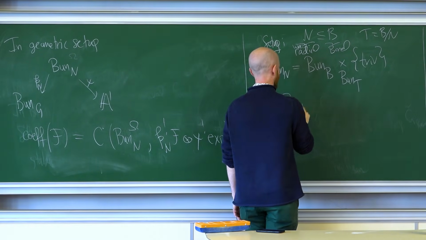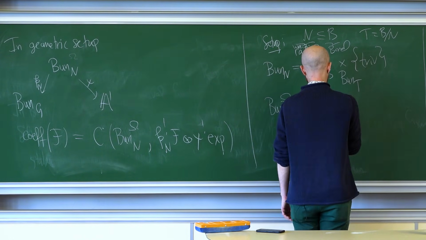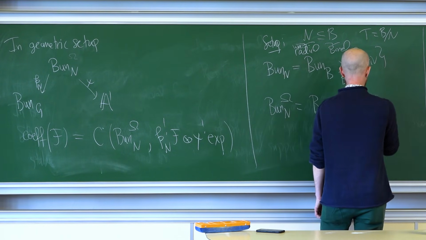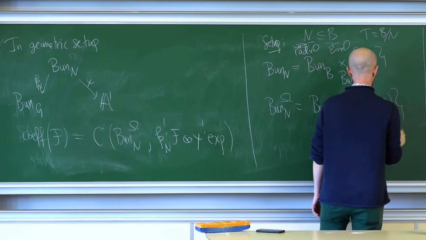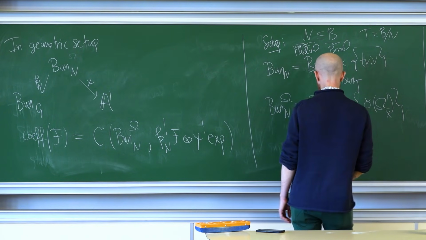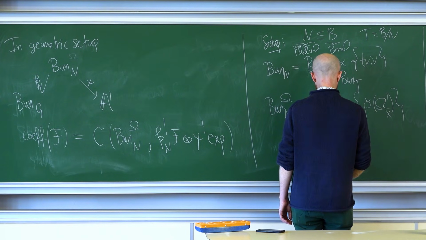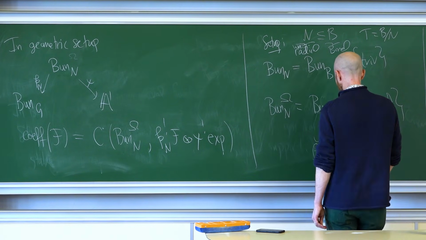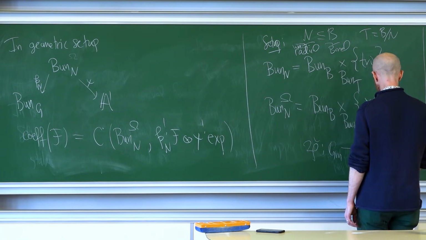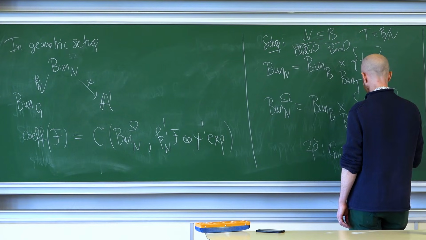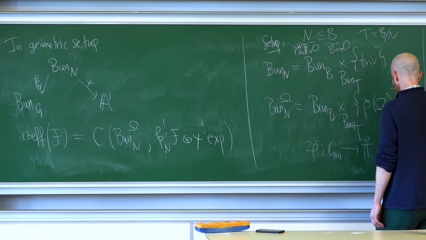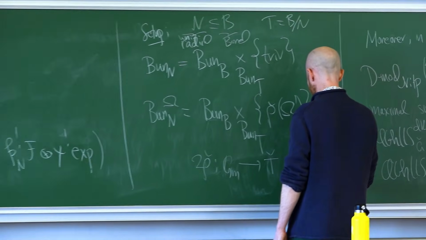And then this Bun N omega is basically the same thing, but you're supposed to include a twist, which is by rho check of omega. So here, rho check is, well, 2 rho check is the map from GM into G check, or even into T check, which corresponds to the sum of the positive co-roots.